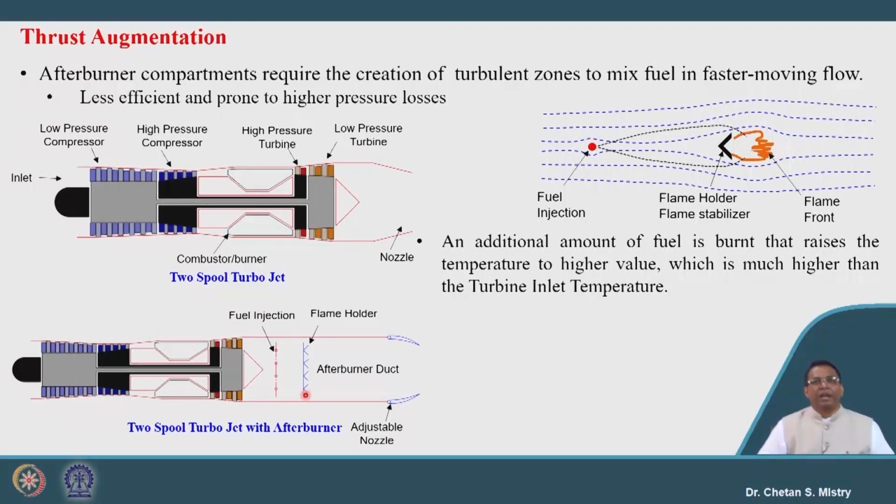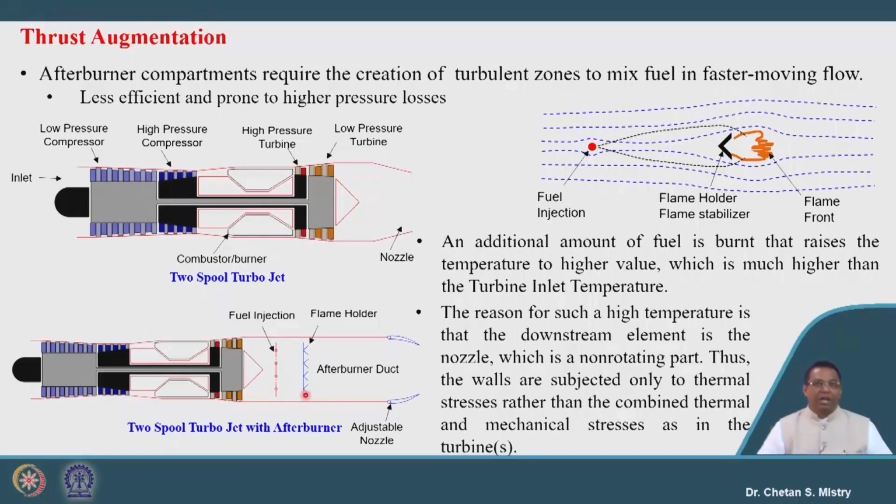The additional amount of fuel burnt will raise the temperature as much as possible. And here, as we have discussed, we do not have any limitations in terms of thermal aspects, nor any limitation in terms of mechanical stresses, because if you look at it, it is nothing but a duct, a pipe.